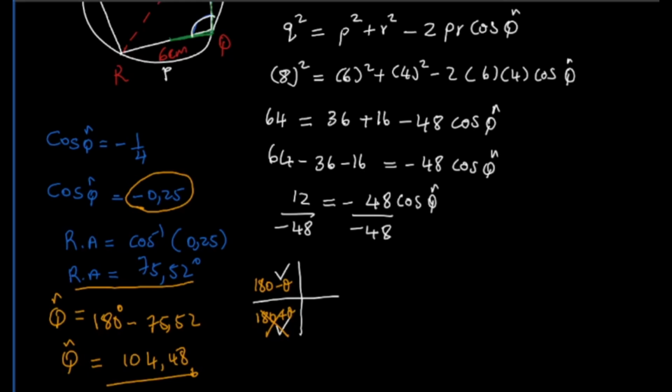Then we're going to say 180 minus 104.48, which is going to give us 75.52. That's right.